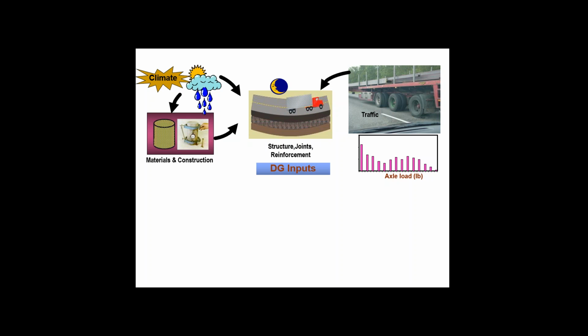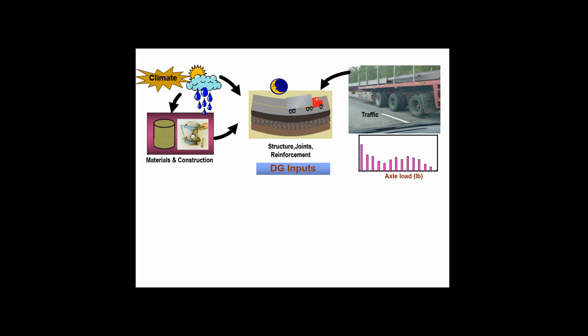Top-down cracking is the biggest deficiency in the whole asphalt design. It's still controversial. We don't recommend using it in here. When we implement this in a state, we don't recommend that they use it because we feel it's a little shaky, and it needs a complete redo.